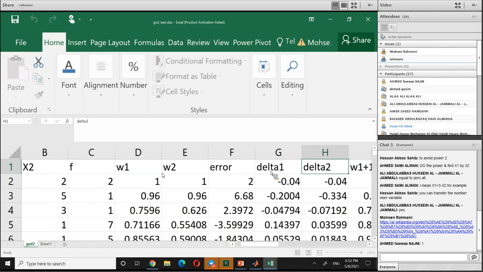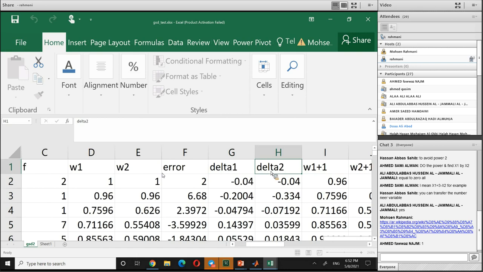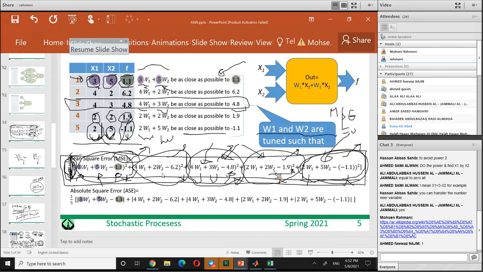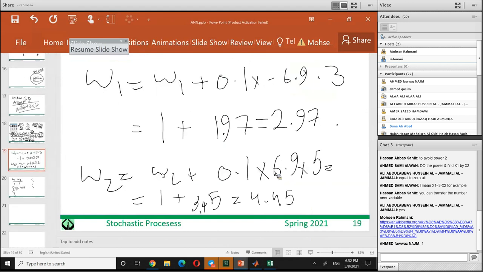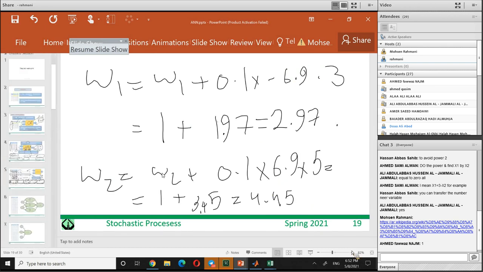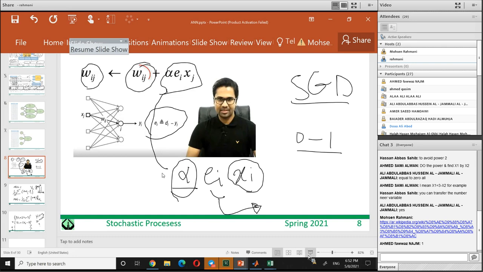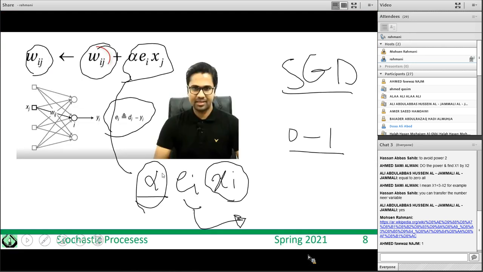Okay, and delta 1 and delta 2 is the term that I want to add to W. In the Excel file, delta is the value that I want to add to the weight.